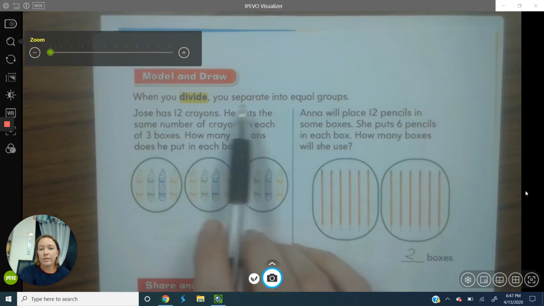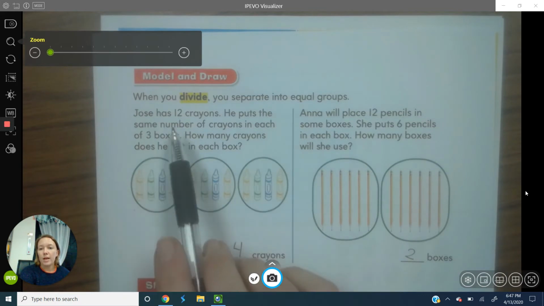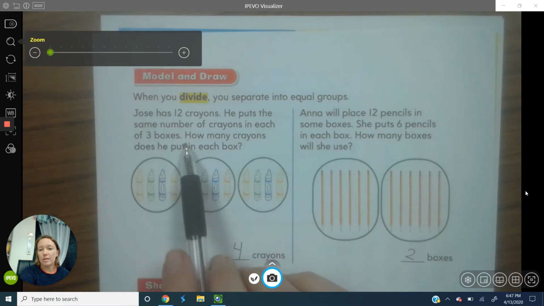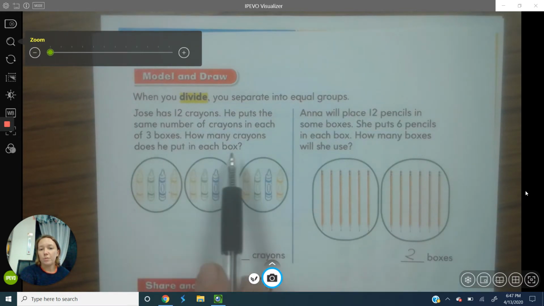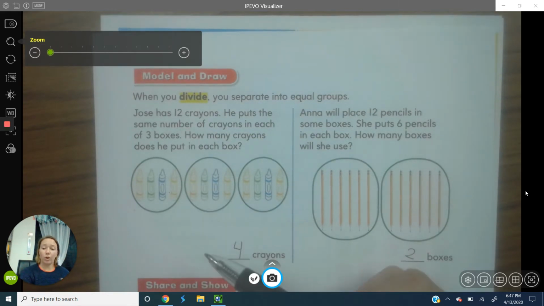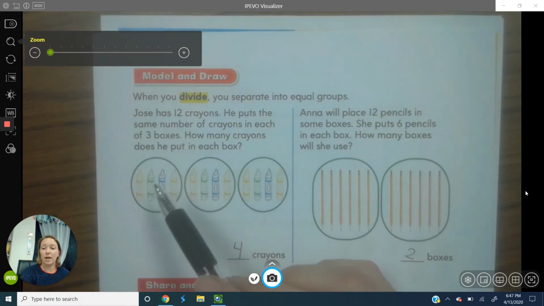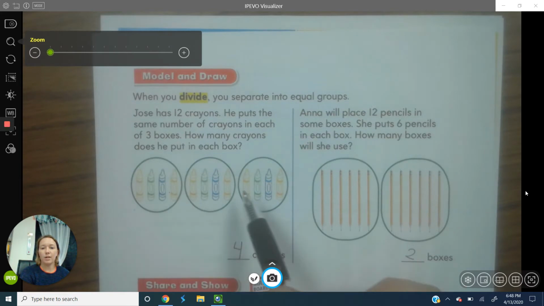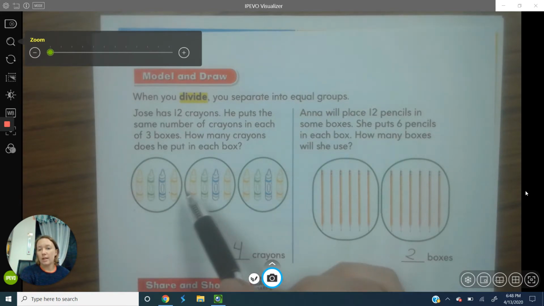You separate into equal groups. He has 12 crowns. He puts the same number of crowns in 3 boxes. How many crowns does he put in each box? So this is talking about, think about all those cards in your hand. 1, 2, 3, 4, 5, 6, 7, 8, 9, 10, 11.